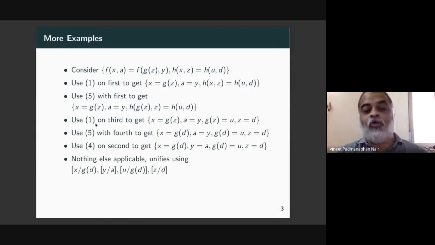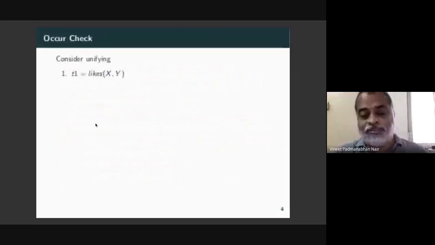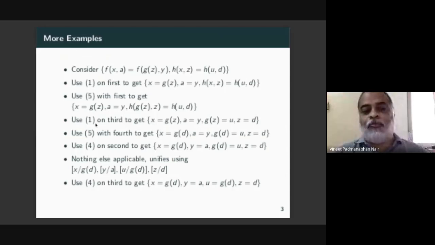And it was told in one of the slides that if you apply this procedure, then you are definitely going to find an MGU if there exists one. If it doesn't exist, then your program should come out telling that the most general unifier does not exist. That was the gist of the previous lecture.